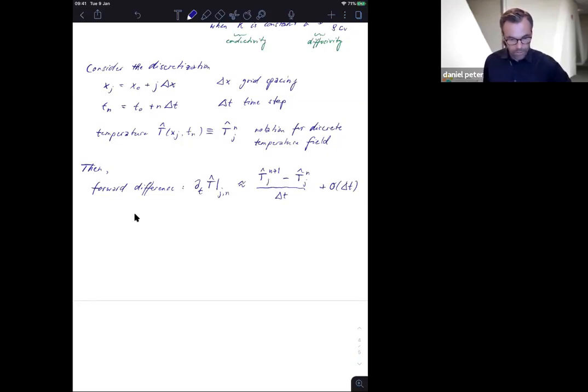And the center difference, let's write this as well. Here we need to have it for the spatial derivatives, the second order derivative in this case.